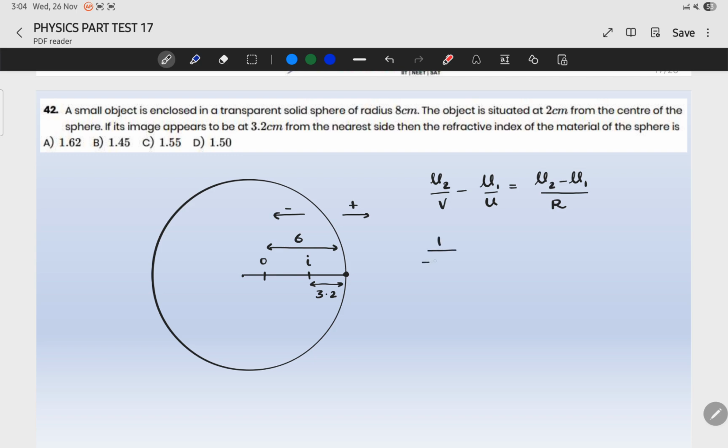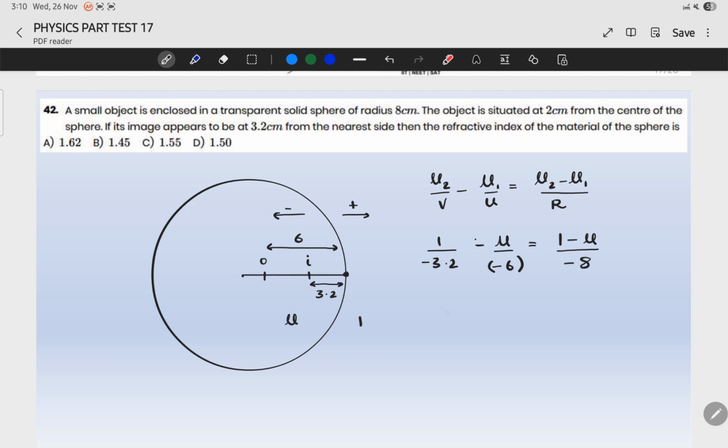So you will get 1 by minus 3.2 minus mu by, this is mu, which is mu1, and outside is air, mu by minus 6, u is also minus 6, is equal to mu2 minus mu1, which is 1 minus mu by minus 8.